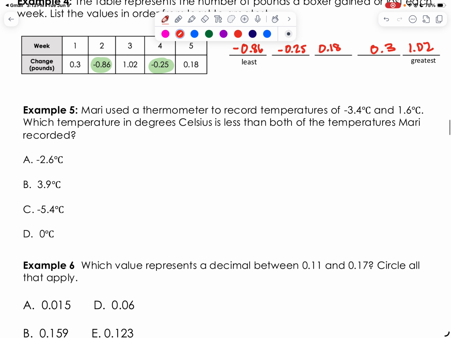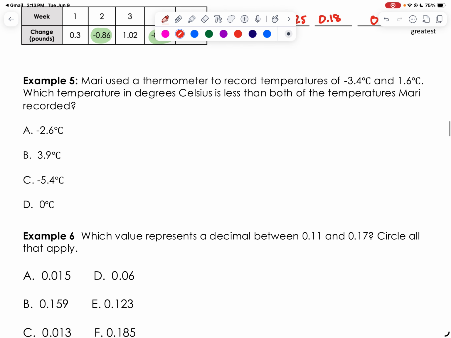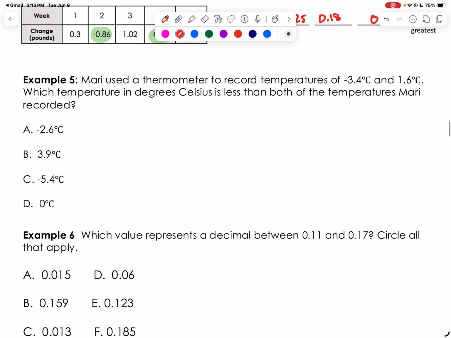All right, example 5. Madi used a thermometer to record temperatures of negative 3.4 degrees Celsius and 1.6 degrees Celsius. Which temperature in degrees Celsius is less than both of the temperatures Madi recorded?